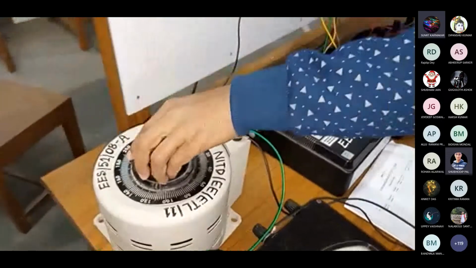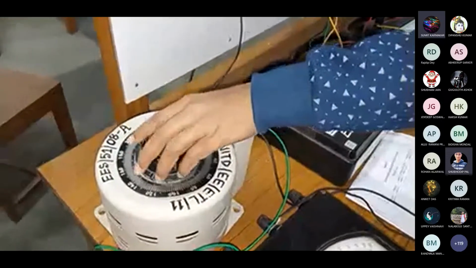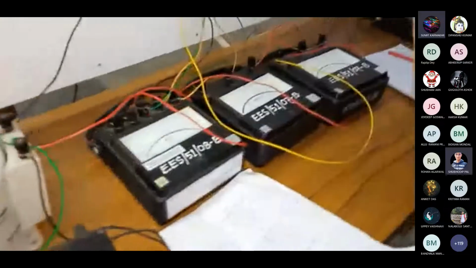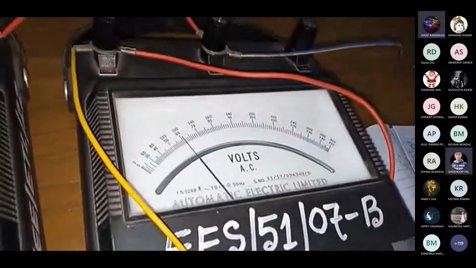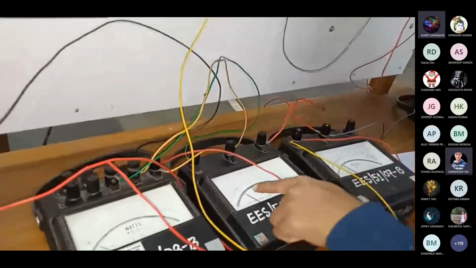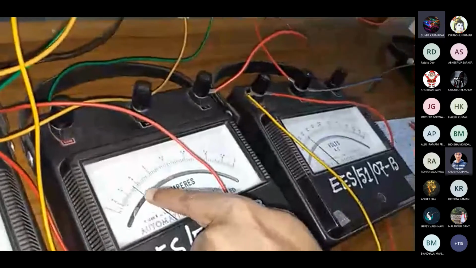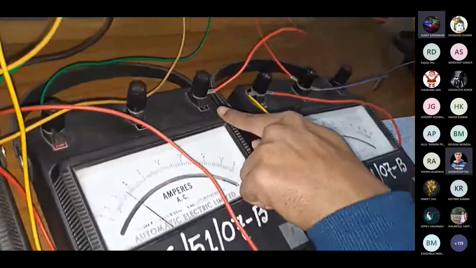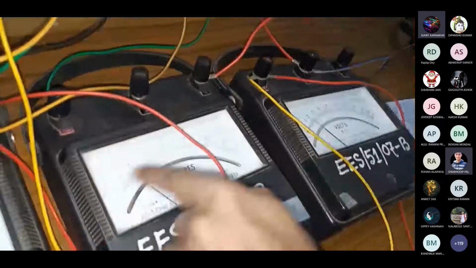So I am increasing the voltage. See, we have fixed the voltage at 120 volt. We have supplied it across the series RLC, and you can see the current is coming in the lower scale. Now we have fixed it at 1 ampere, so we have to follow the lower scale.